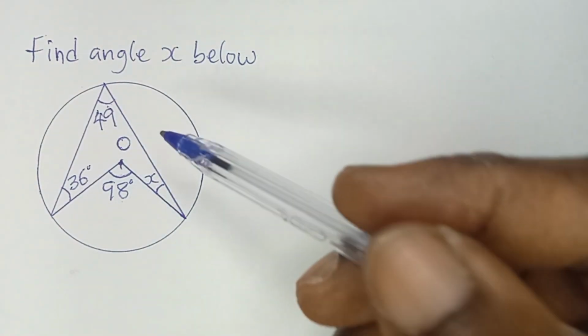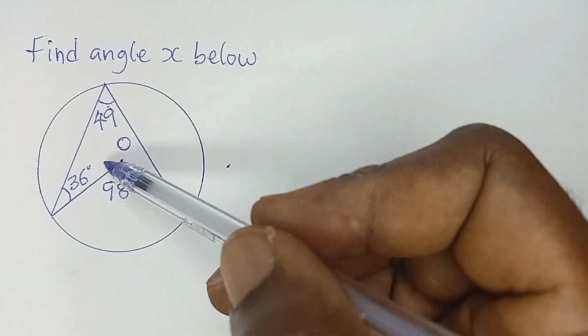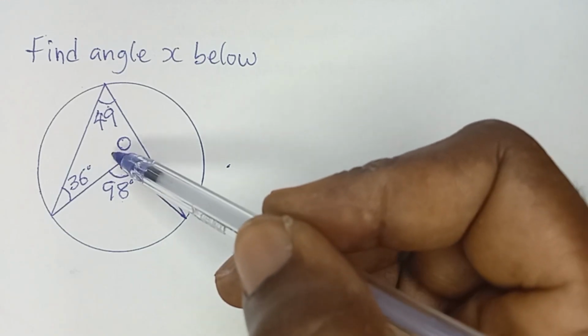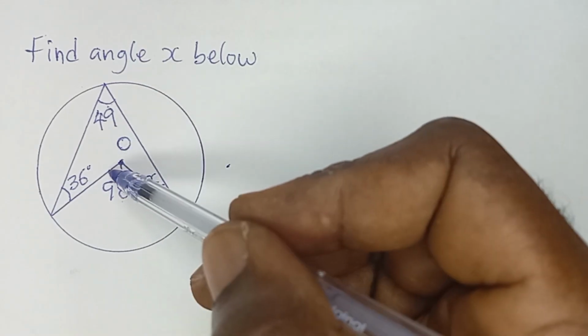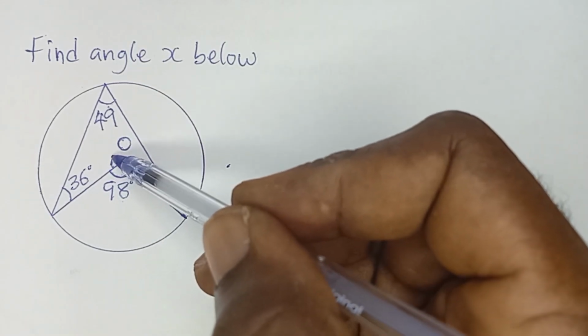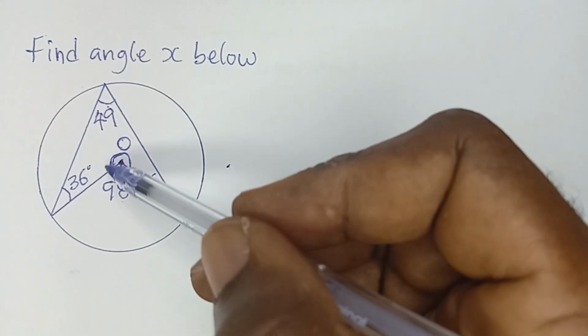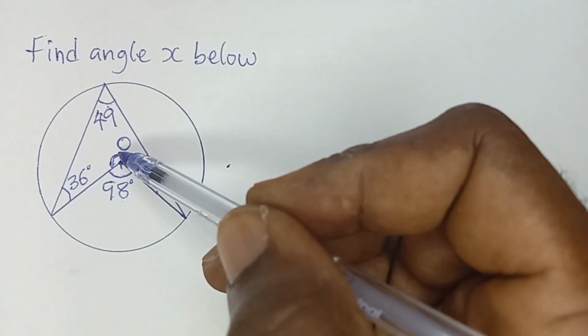And then we also have sum of angle at a point. So this is a point. So if this is 98, then for us to get this other part, we should remember that sum of angle at a point is 360.